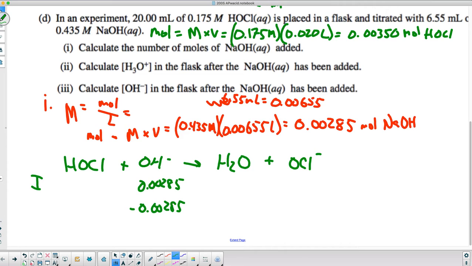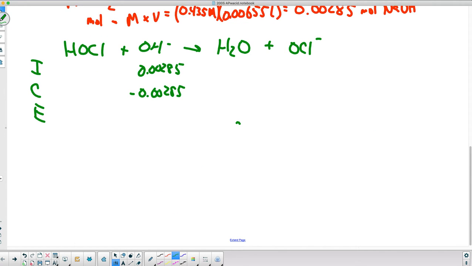Over here, all the way down here for my ICE chart, and I'm going to need a little more room. There you go. I get 0.00350. If I subtract the two, what I end up with at the bottom is 0.00065, and that's the number of moles that are left over. Left over from what?